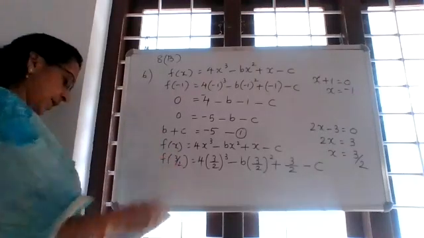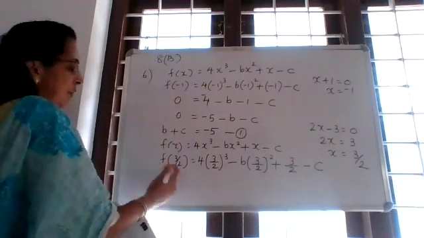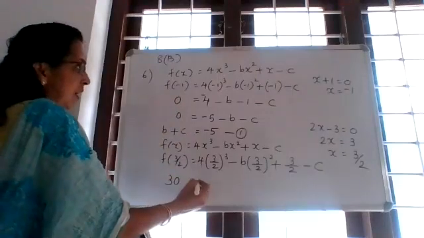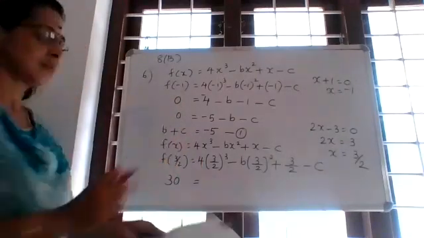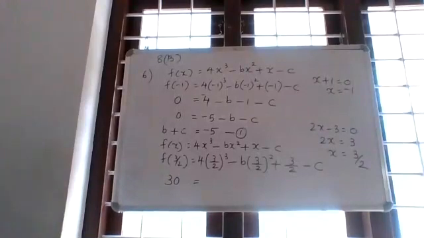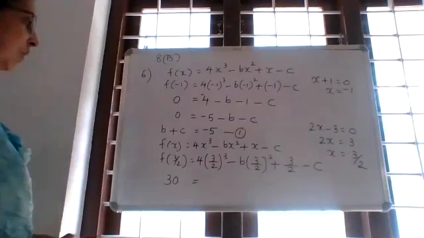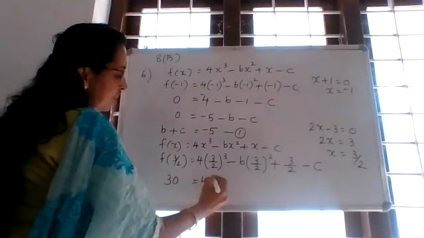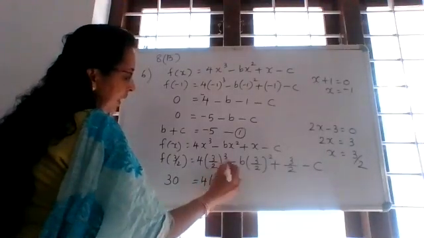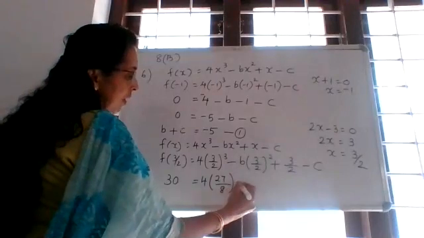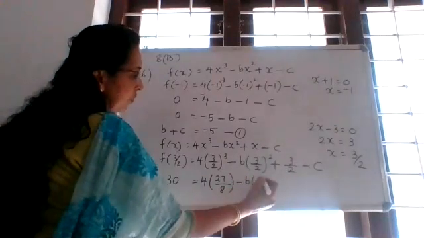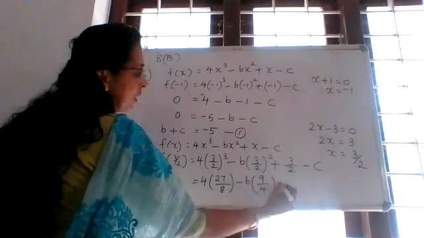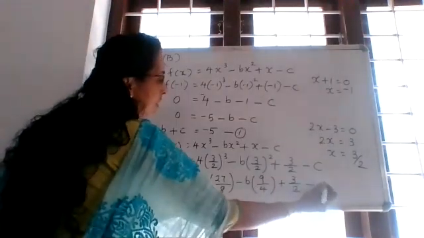So instead of 0, we can replace it with 13. 13 is equal to 4 into 27/8, minus b into 9/4, plus 3/2 minus c.